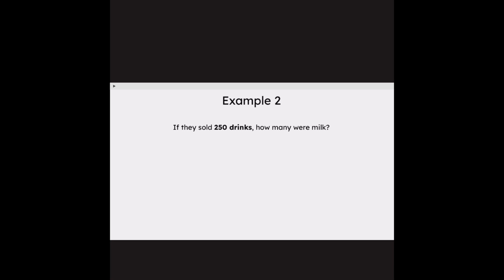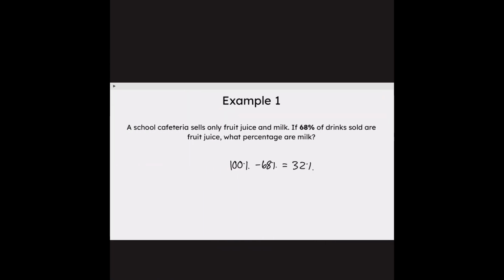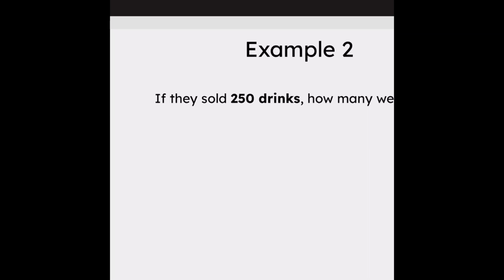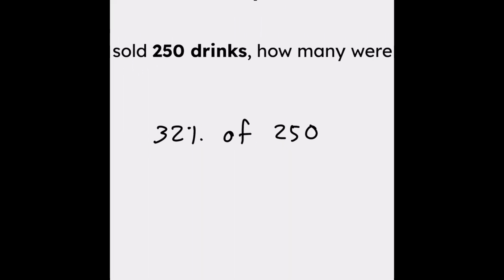Now we're asked, if they sold 250 drinks, how many were milk? Well, we know from this previous part that 32% are milk. So we need to find 32% of 250. There's a couple ways that we can think about this. One way is, you may or may not know, but when you see the word of in a math equation, it means to multiply.